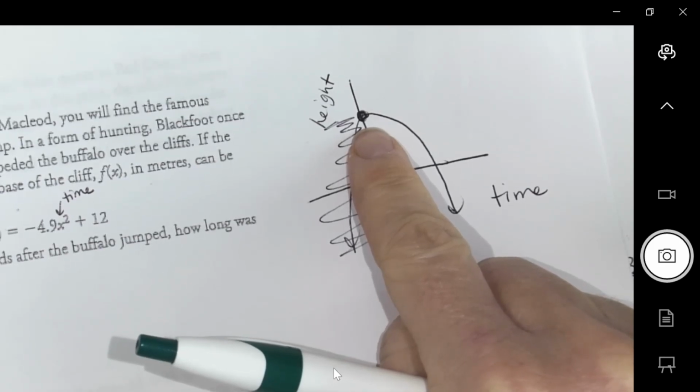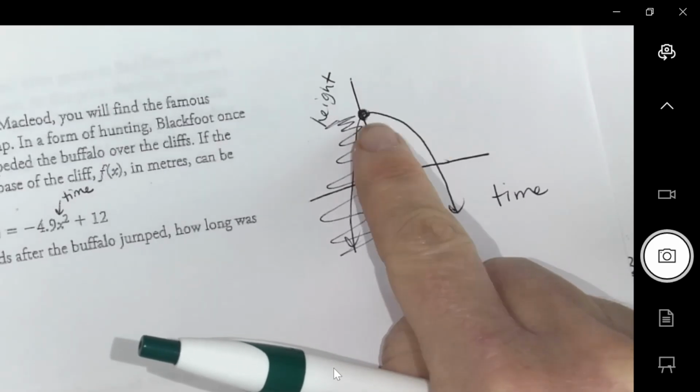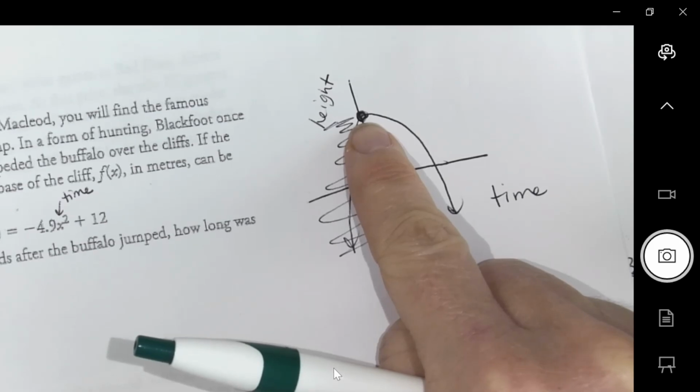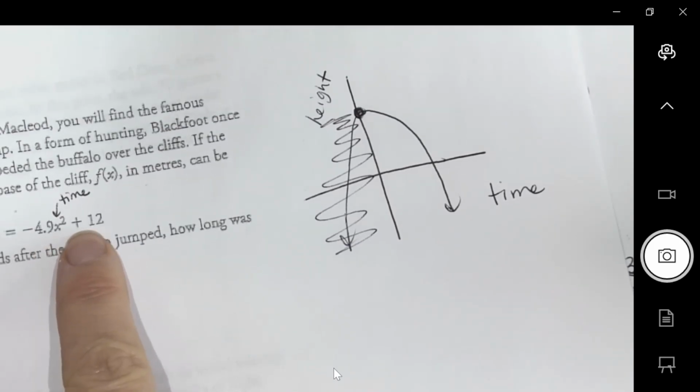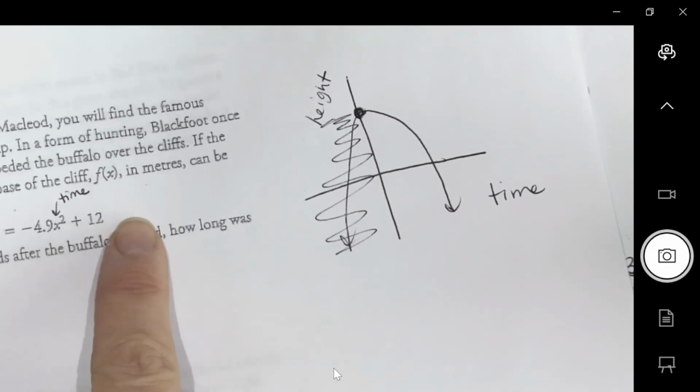In this context, what's happening with the buffaloes right here? That's where they're jumping off the cliff. At the time of 0, the height is 12. They're 12 meters high. They jump off.